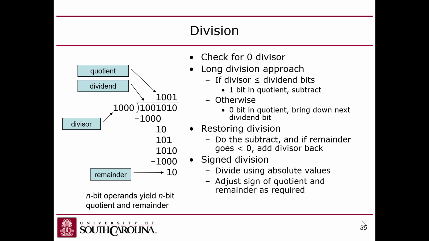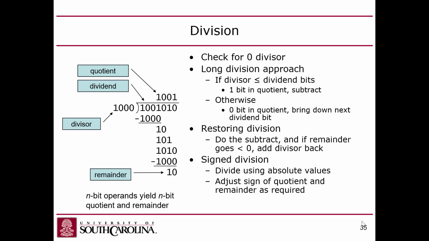And the answer is the quotient and the remainder. The dividend is the numerator. The divisor is the denominator. So this is going to be 13 divided by 3, or 13 over 3.